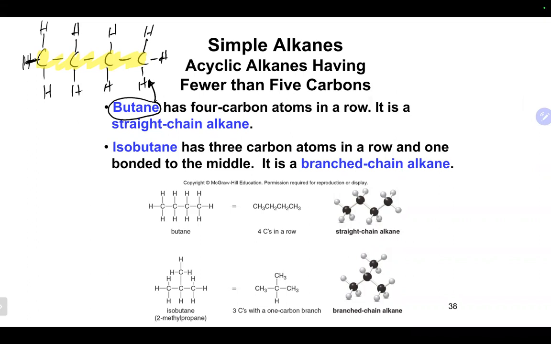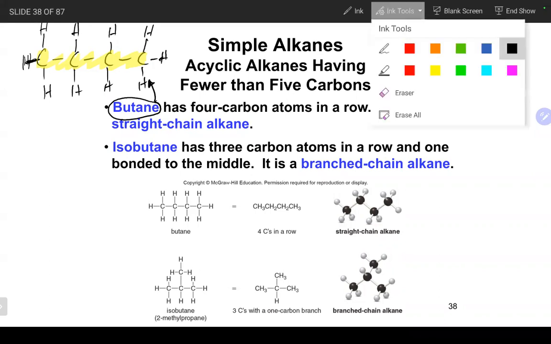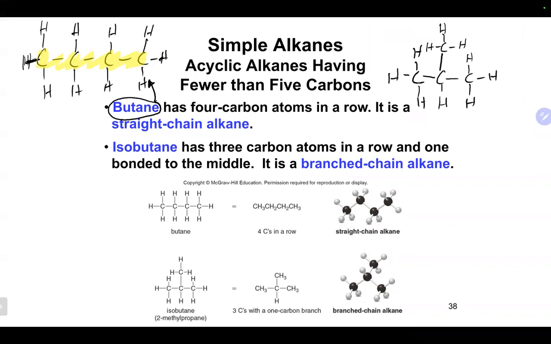Now, if we take the guy on the bottom, and let me just redraw it up here. Now, when we go to find the longest carbon chain here, we could go straight across, and we got 1, 2, and only 3 in this case.